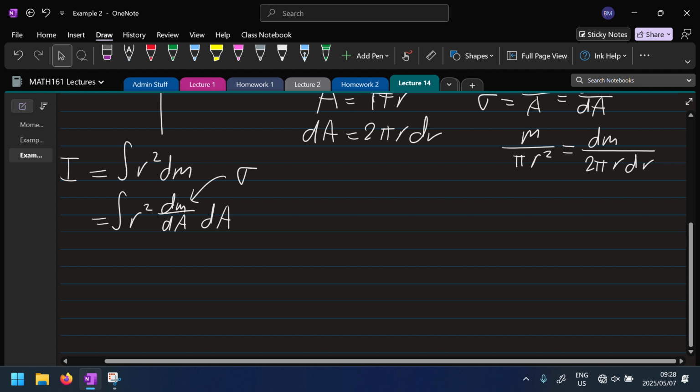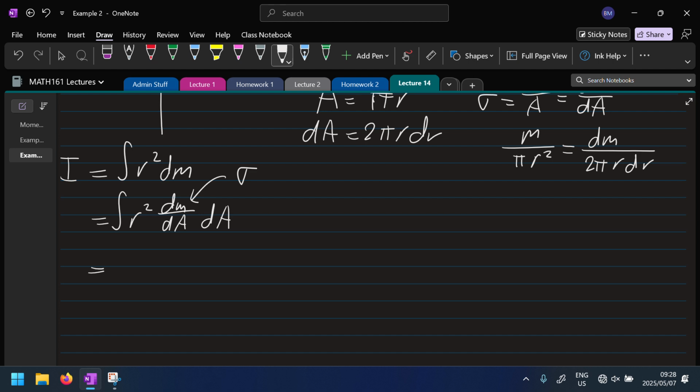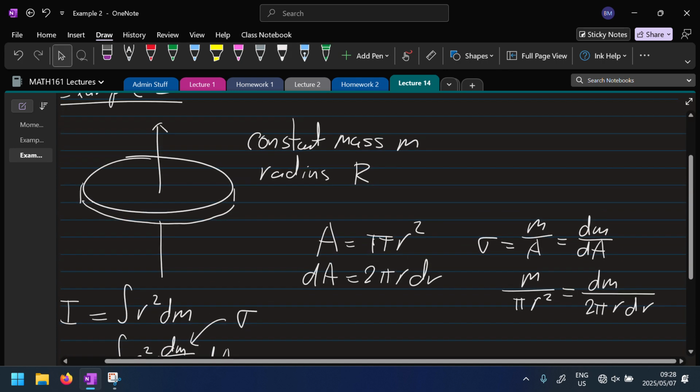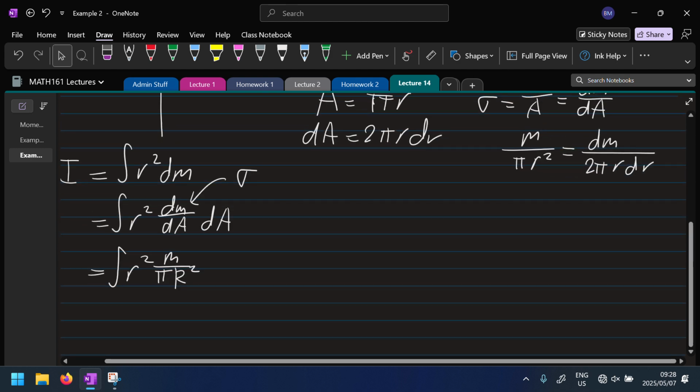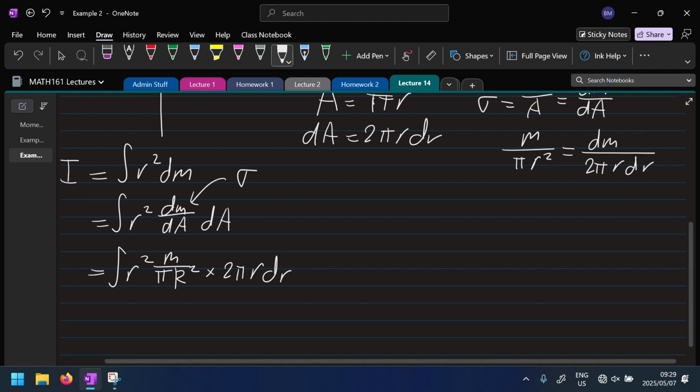So substituting what we have in that top right there, this is going to be the integral of r squared, dm by dA, which we've got on the side there. That's going to be m over pi r squared, because it has the radius capital R, times 2 pi r dr from that right-hand side there.